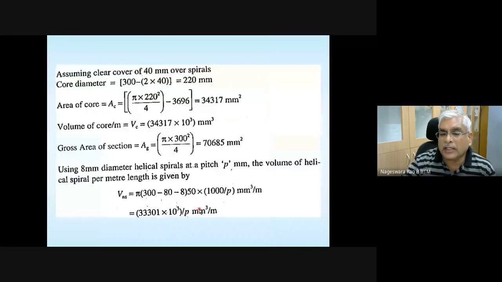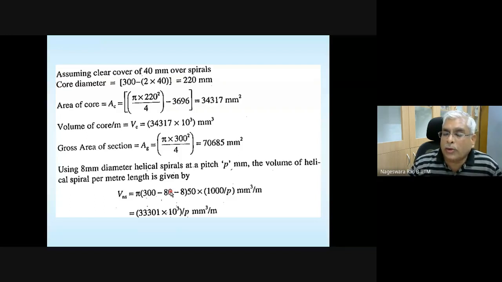So it's going to be 300 minus 40 times 2 on either side because of the clear cover, minus 2 times the half diameter of the spiral reinforcement. The diameter of the helical reinforcement is actually assumed prior to this.